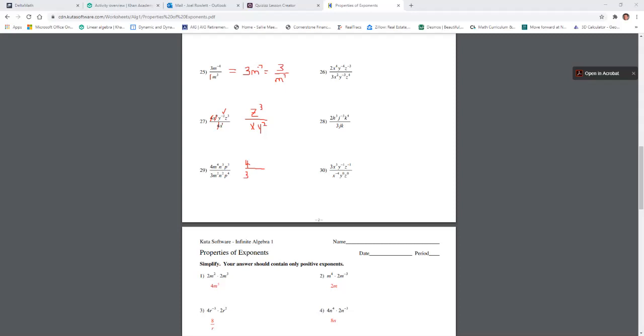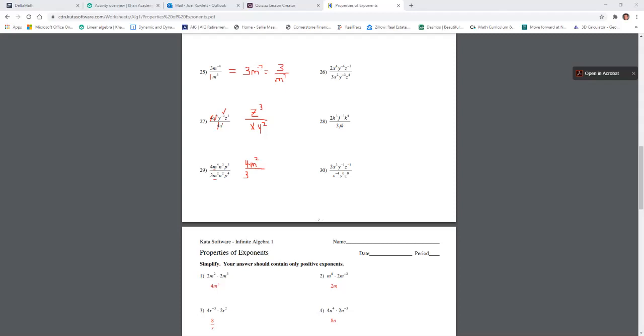And let's take care of the m's. Well, I have an m to the power of 4 divided by m to the power of 2, right? These bases are the same, so I can combine these into the same base, but since I'm dividing, I have to subtract the exponents. 4 minus 2 is 2.